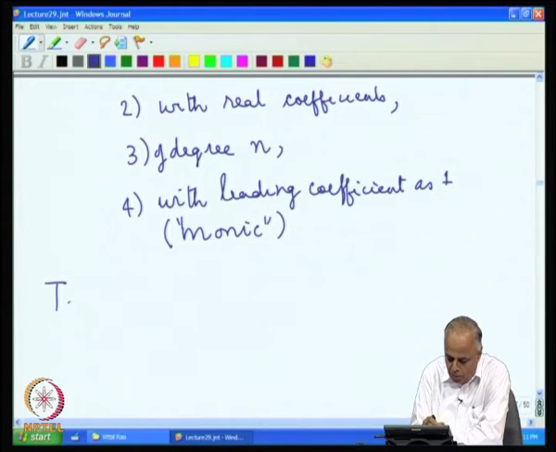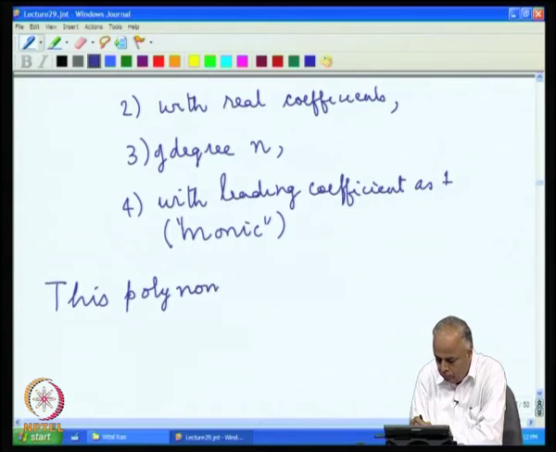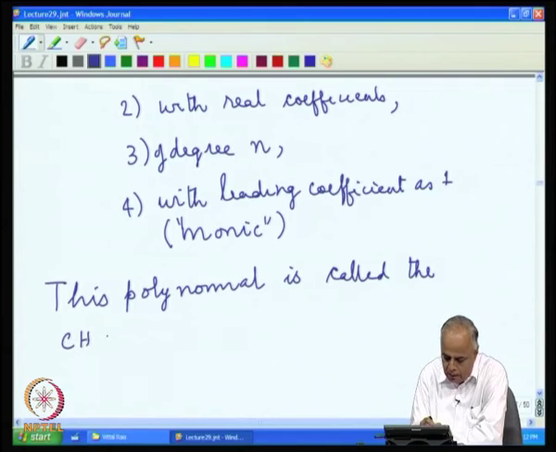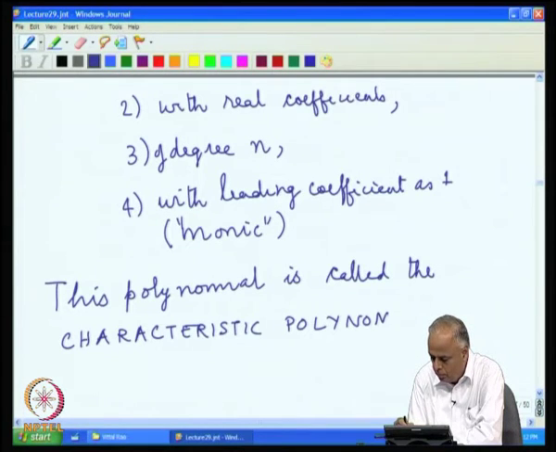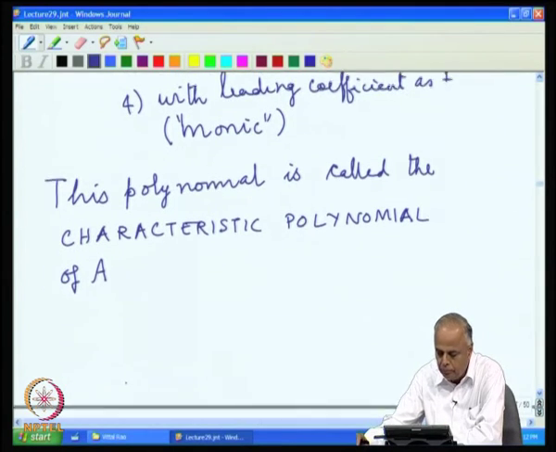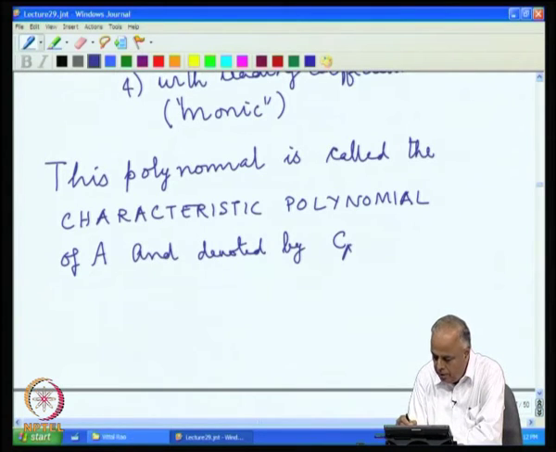So, this polynomial is called the characteristic polynomial of the matrix A, and is denoted by, let us say, C A lambda.